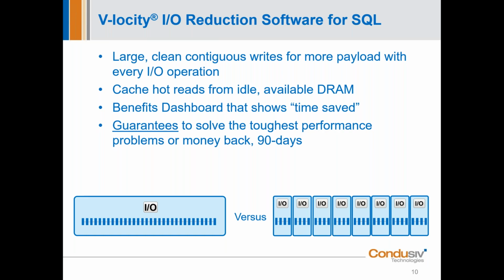The DRAM caching that we'll speak about uses idle and available DRAM to cache those reads that it learns are performance degrading, and puts them into idle DRAM. You actually create a tier 0 storage environment for you, and you get memory to memory transfer 10 to 15 times faster than flash or SSD.